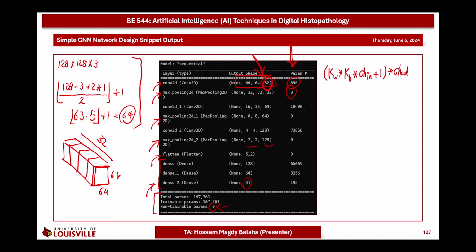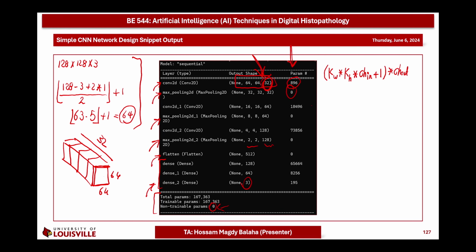So simply we have for the first layer a kernel size of 3 by 3, and the number of channels as an input will be 3 because we were dealing with RGB, and the number of channels for the output will be the number of filters, which is 32. So by calculating 3 multiplied by 3 multiplied by 3, plus 1, multiplied by 32, we will get that number.